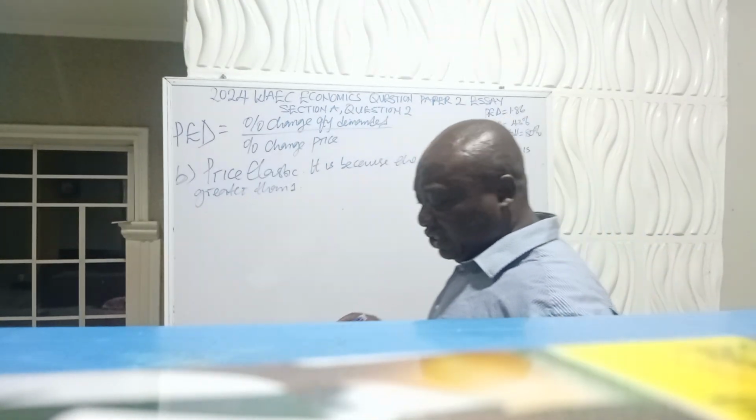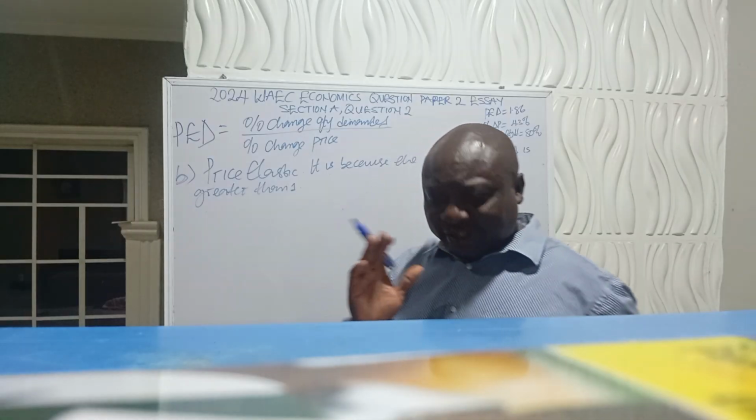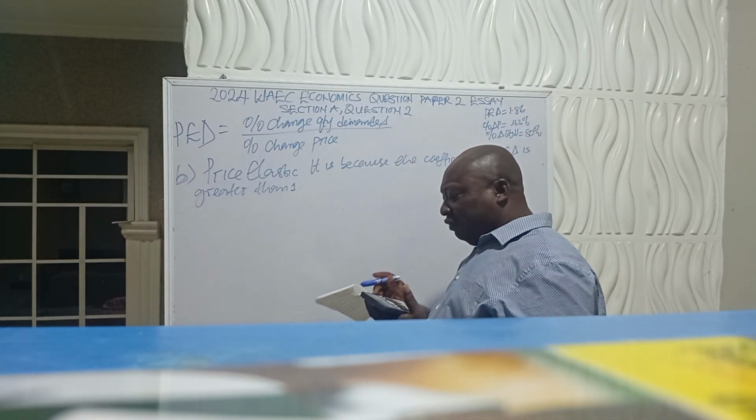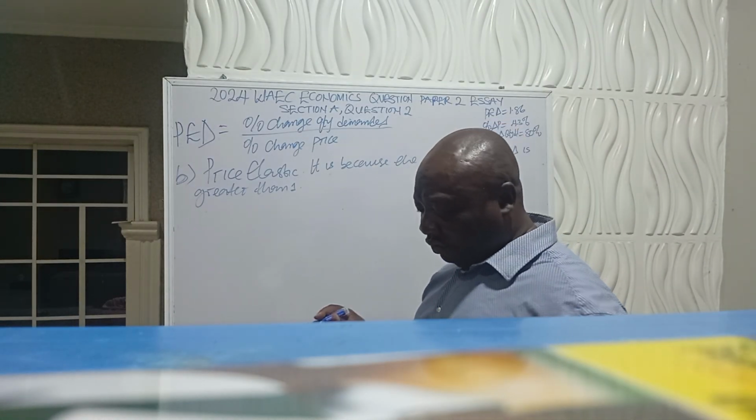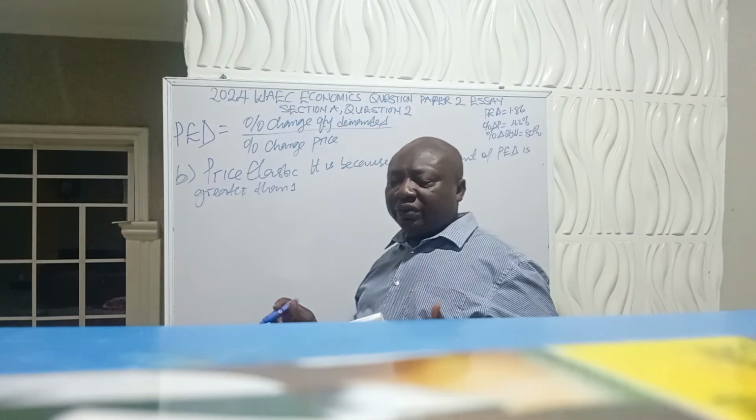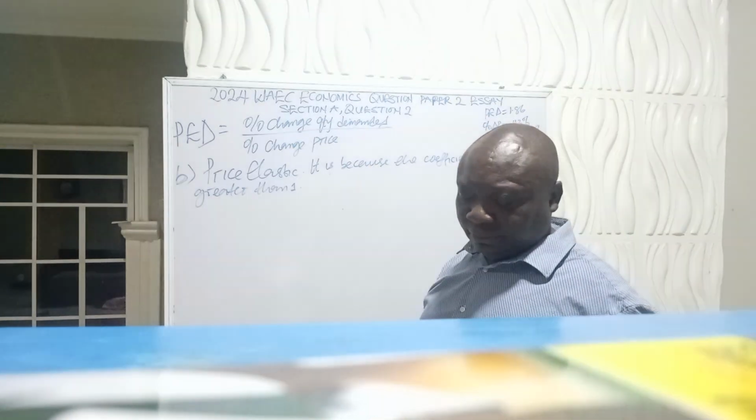We go to question C. The question C now, listen. Did the management of the company achieve its objective of increasing revenue? Explain your answer.